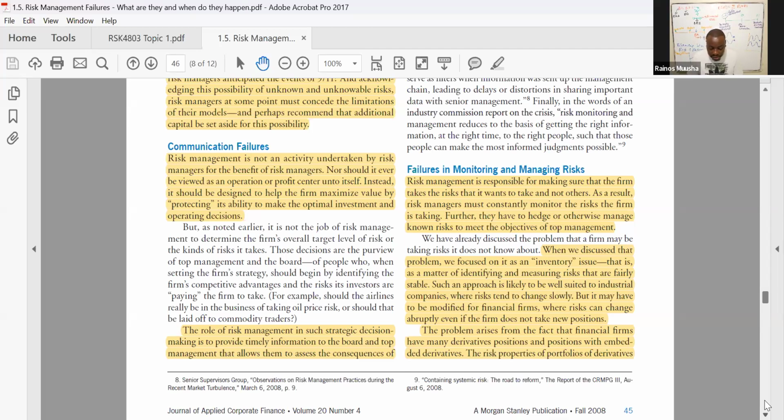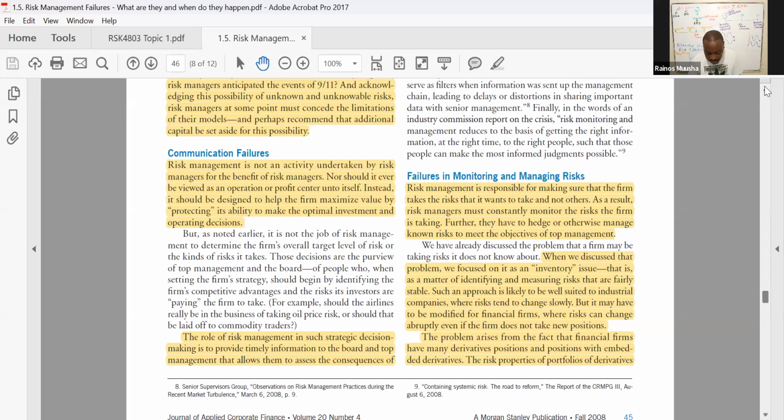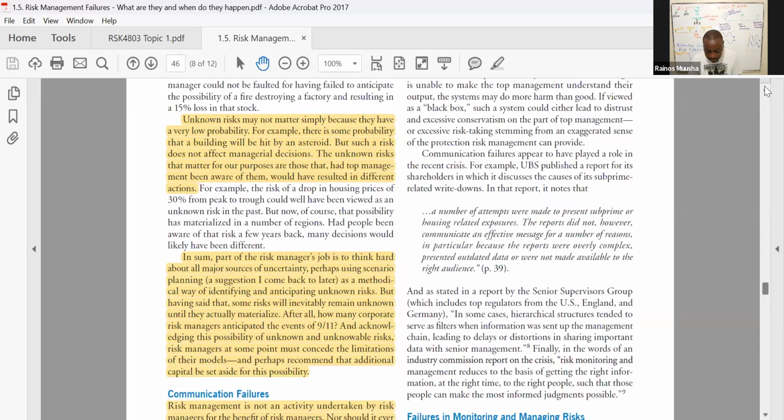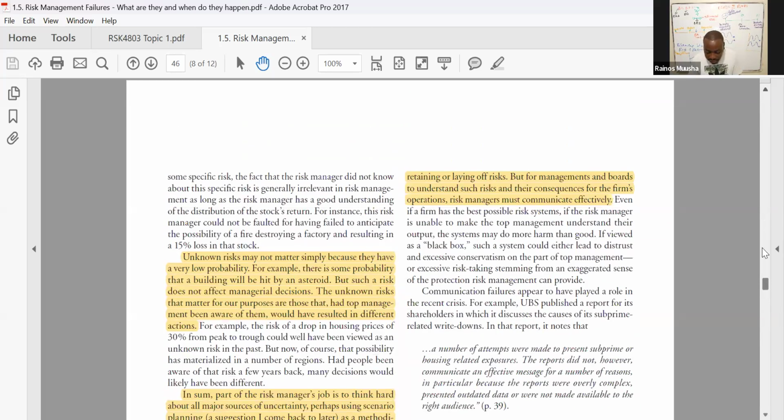So the role of risk management in such strategic decision making is to provide timely information to the board and top management that allows them to assess the consequences of retaining or laying off risk.